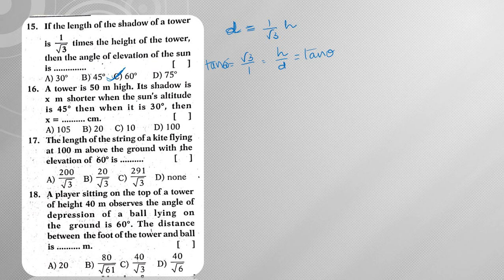Next, a tower of height 50 meters. Its shadow is x meters shorter when the sun's altitude is 45 degrees than when it is 30 degrees, then x is equal to... So a tower is of height 50 meters, its shadow is x meters shorter when the sun's altitude is 45 degrees than when it is 30 degrees.